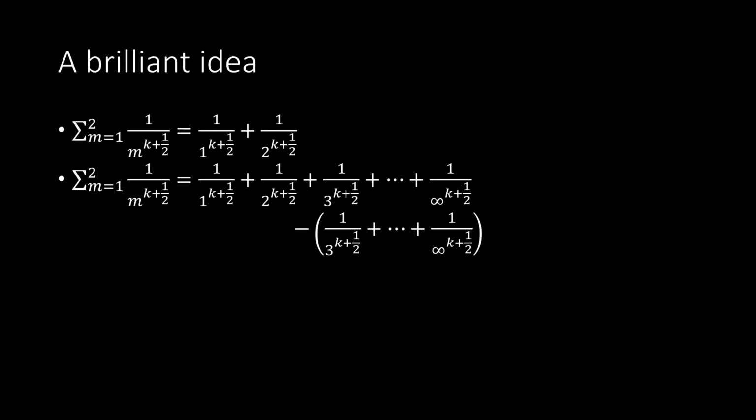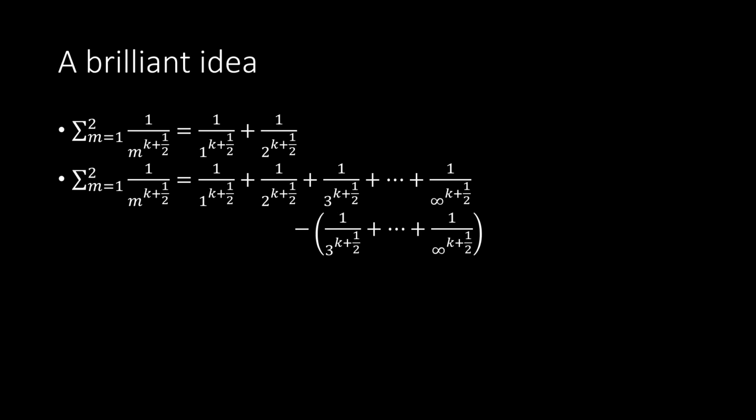So first of all, we just sum to infinity. So we start 1 over 1 to the k plus 1/2, 1 over 2 to the k plus 1/2, and so on to 1 over infinity to the k plus 1/2. Whether this notation is especially useful or if it makes any sense, I don't know. But I think you get what I mean here. We can do this because this will converge to a finite number.